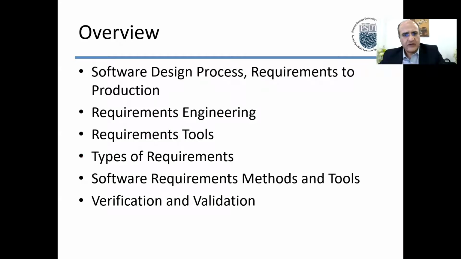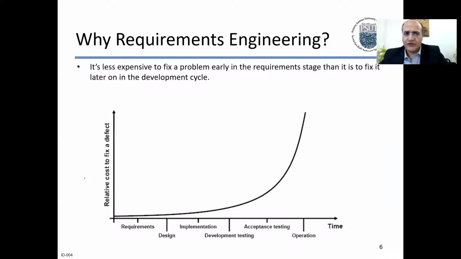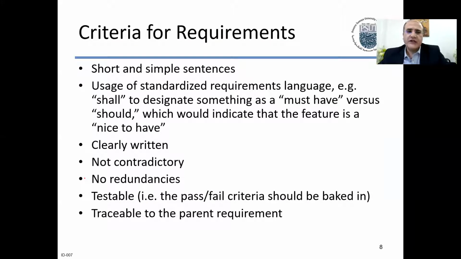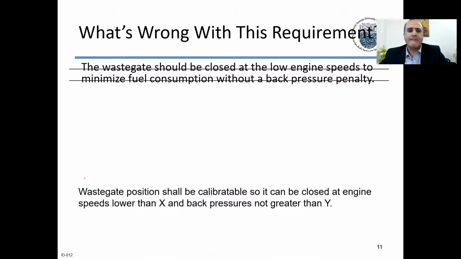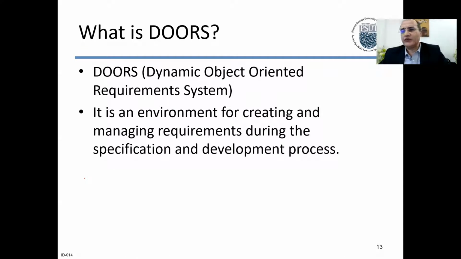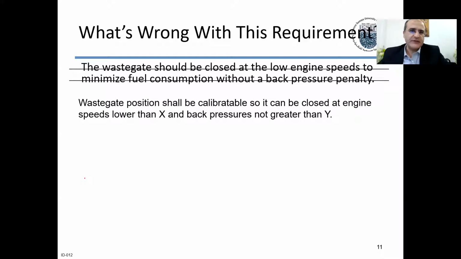And we started talking about some methods. So we talked about the process, the importance of requirements engineering, that it solves and avoids problems at an early stage, and some recommendations about how to write good requirements.